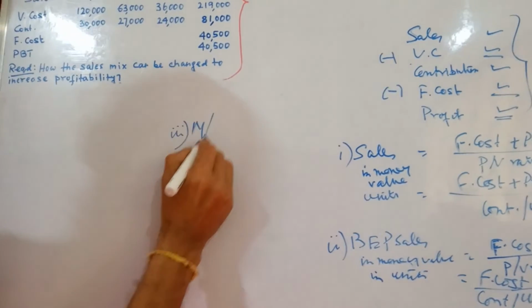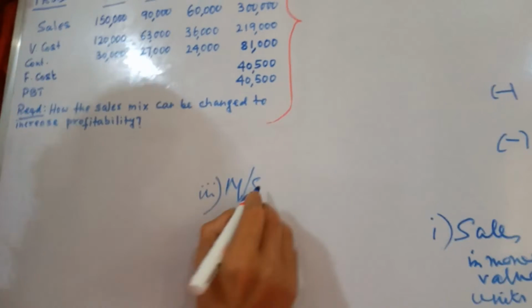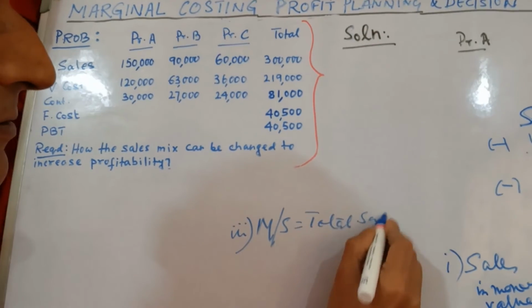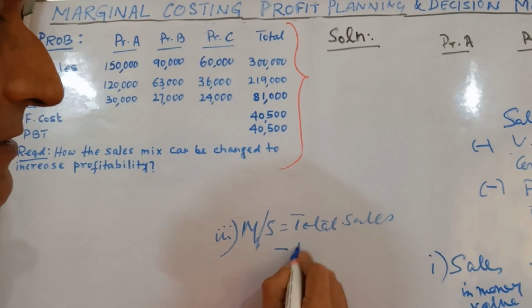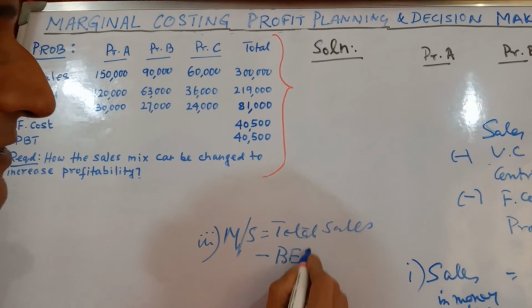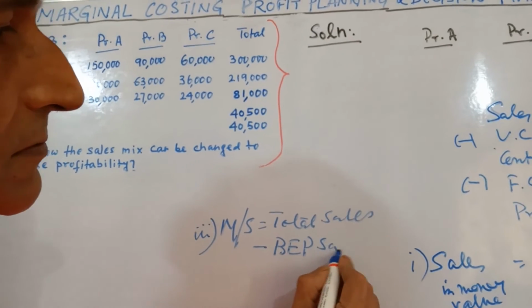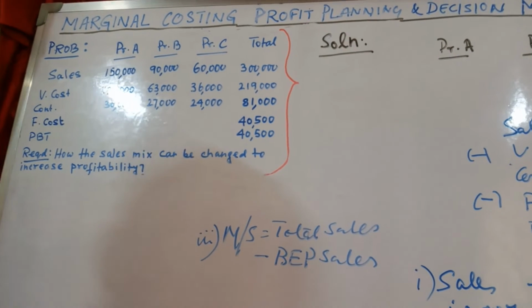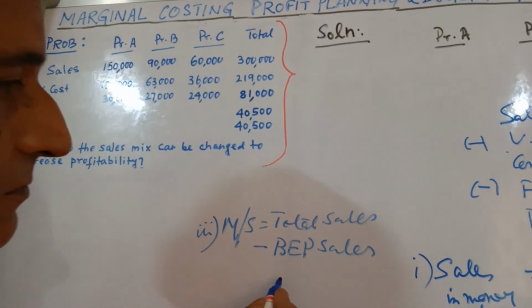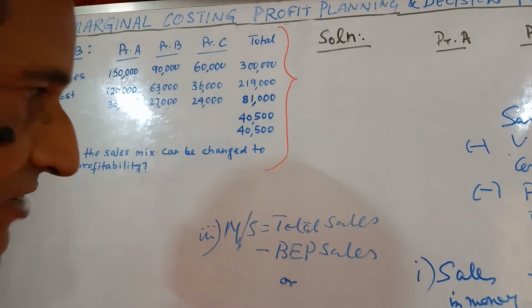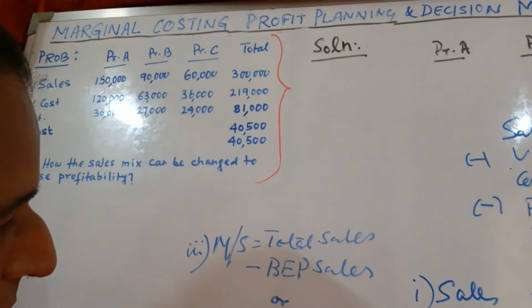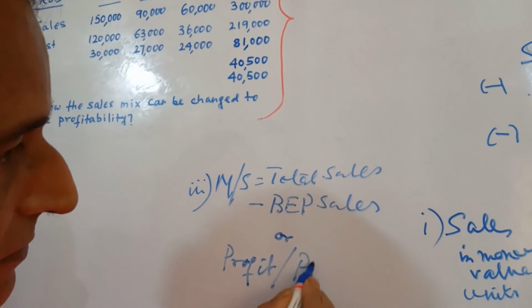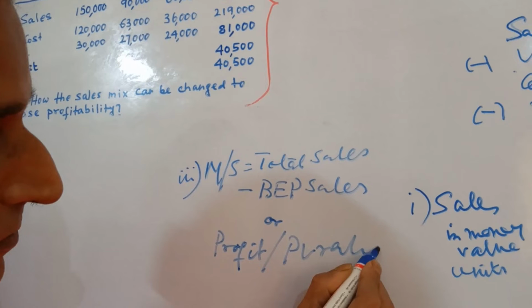Number 3, margin of safety. MS means margin of safety, equals total sales minus BEP sales, or we can also apply this formula, or profit divided by PV ratio.